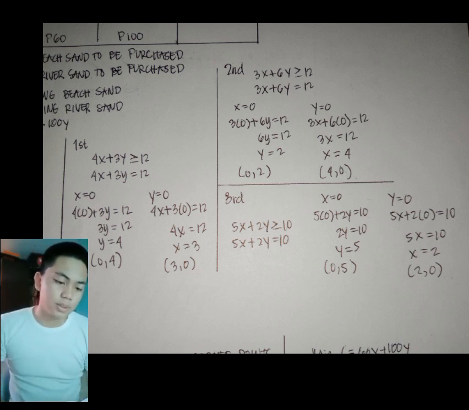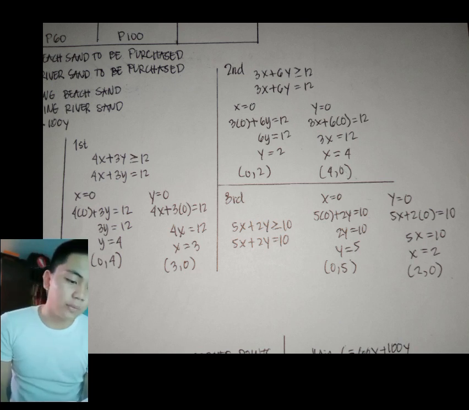Same when you want to get the y value, the x will be equal to 0. For example, the first problem, 4x plus 3y is equal to 12, so 4 times 0 plus 3y is equal to 12.